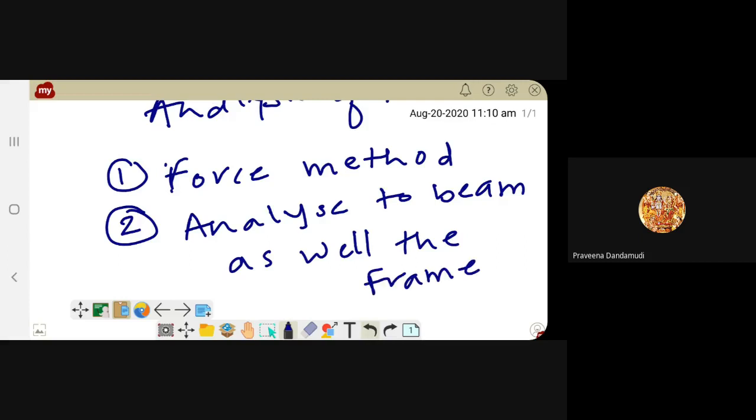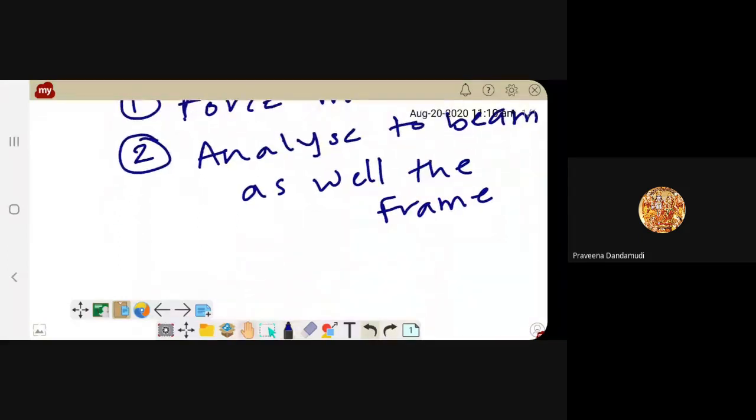Okay, this is a kind of simple method for finding out the unknowns. Okay, unknowns are nothing but the shear force and bending moment.